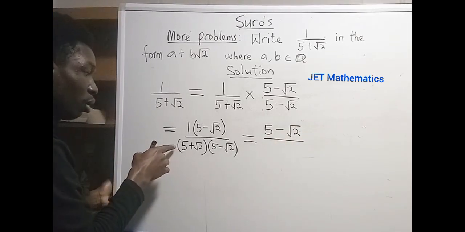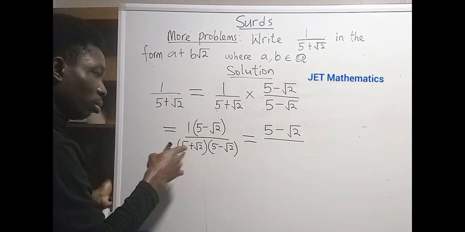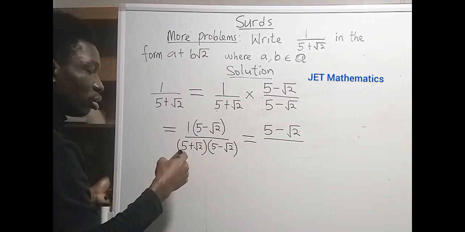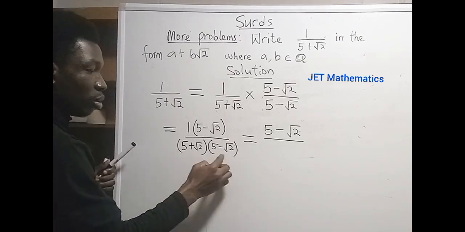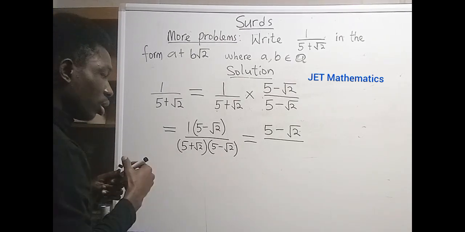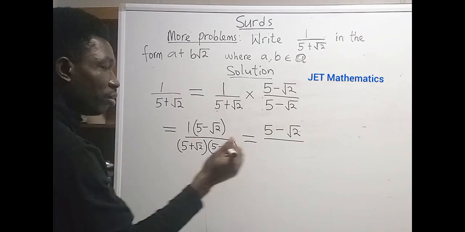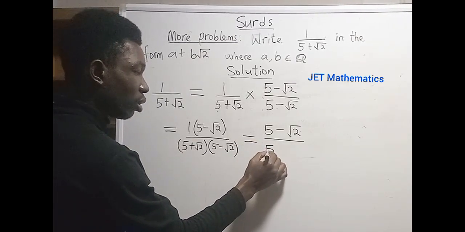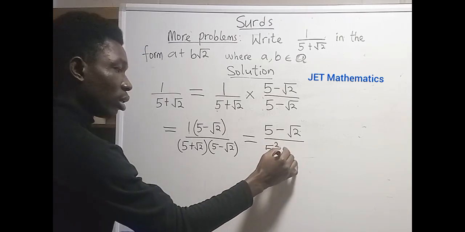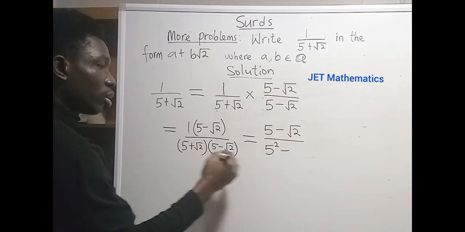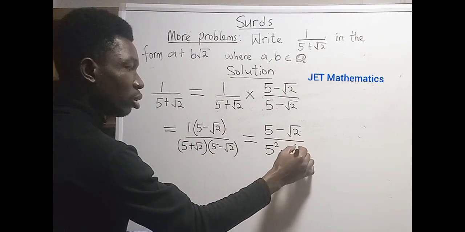Over, when we also simplify here, remember I told you when you multiply a surd and its conjugate, simply you take 5, the first number, you square it, minus, you take the second number, so you square it.